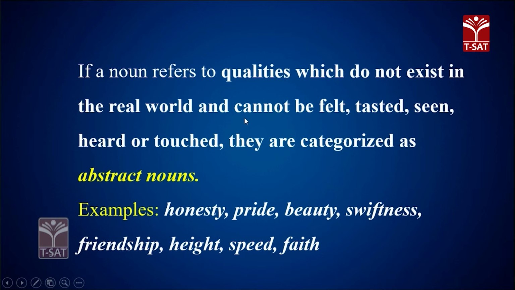Those we cannot see or hear, which cannot be felt, tasted, seen, heard or touched. They are categorized as abstract nouns. You see the examples: honesty, pride, beauty, swiftness, friendship, height, speed and faith. Next category of nouns, that is collective nouns.